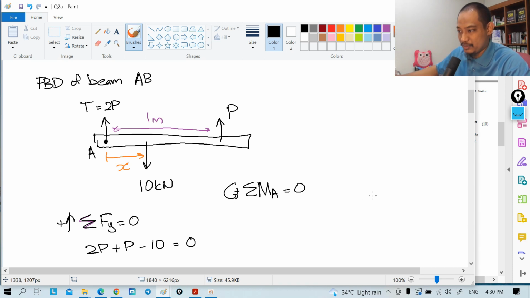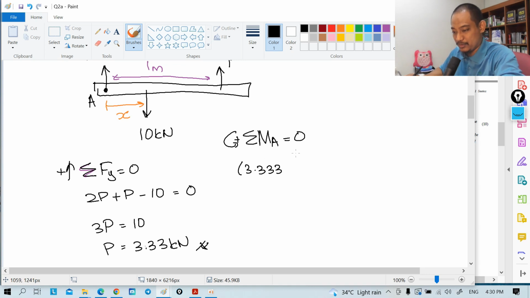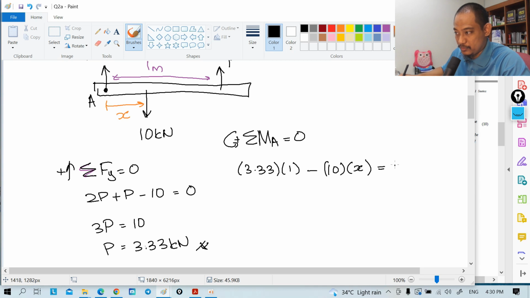So P here we already know as 3.33, times 1 counterclockwise, and then minus 10 times x equal to 0, right?